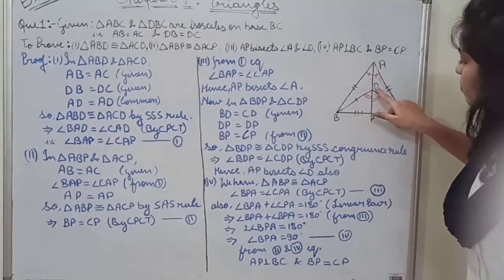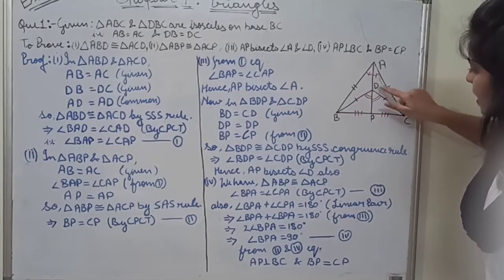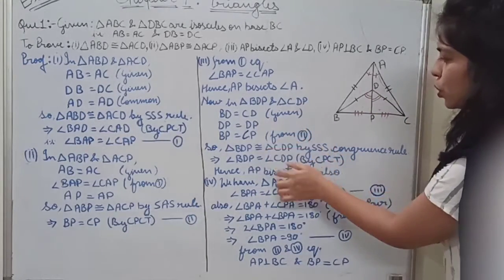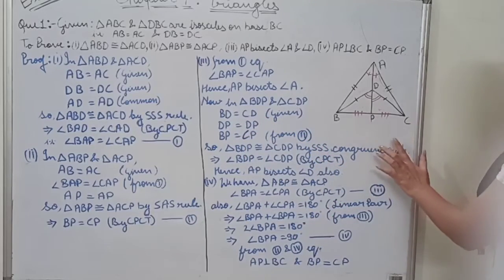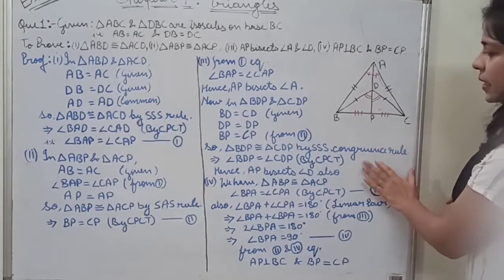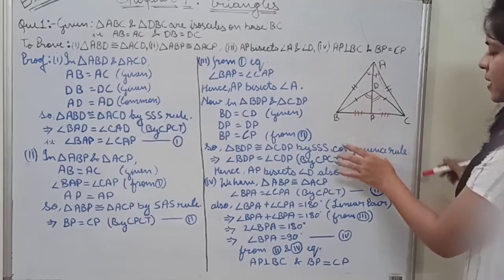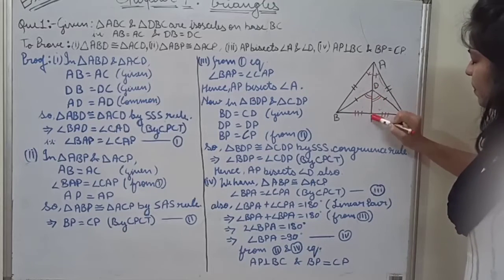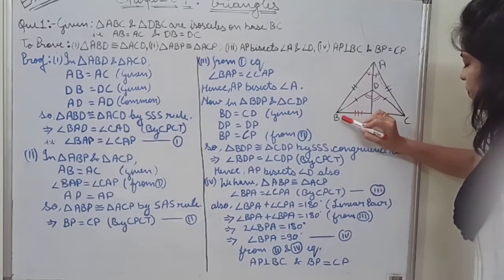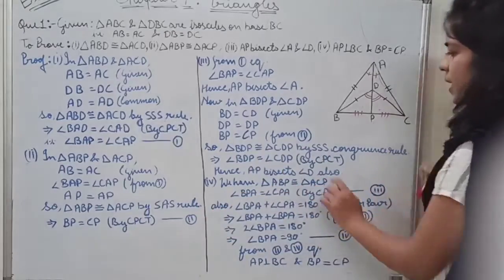So triangle BDP and triangle CDP are congruent by the side congruence rule. Again, how are they congruent by side? This BD equals CD was given. DP is the common side, and this BP equals CP we got from equation number 2.